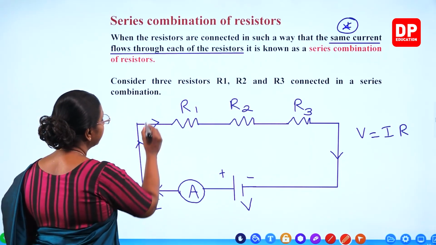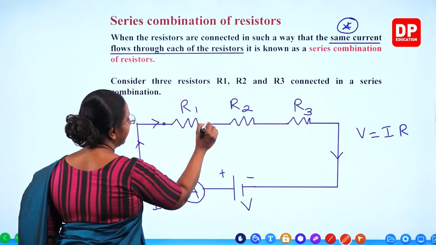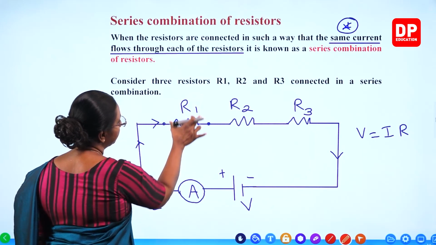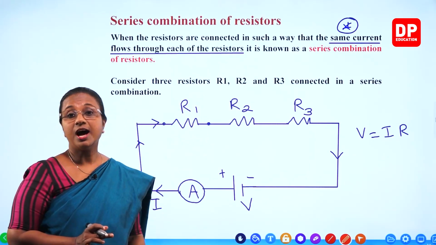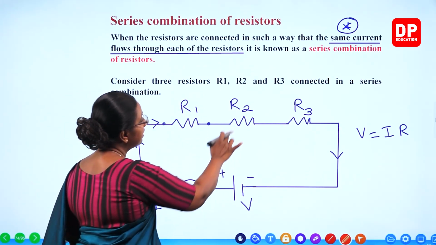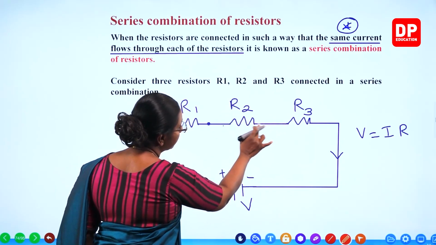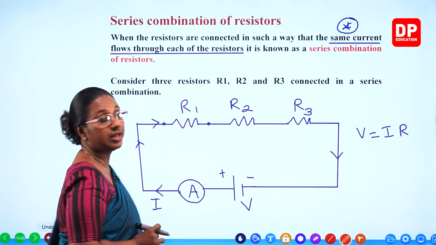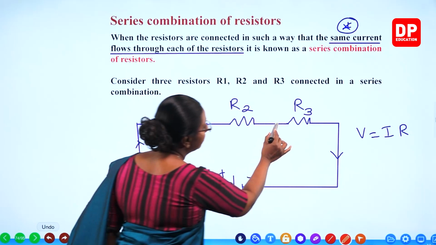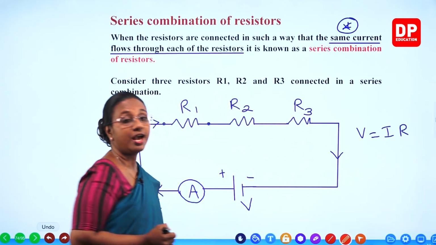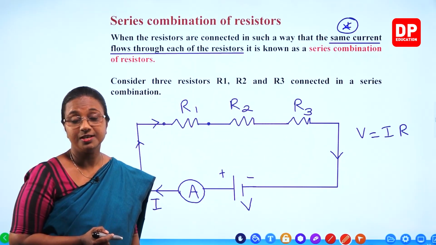So if we take 3 points, between these 2 points, it's a potential difference across R1. Then similarly, across R2, there will be a potential difference. And across R3 also, there will be a potential difference.